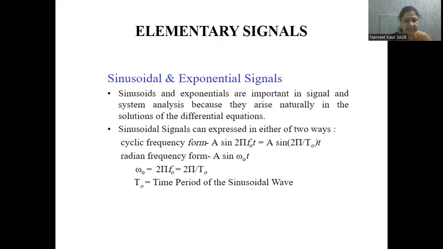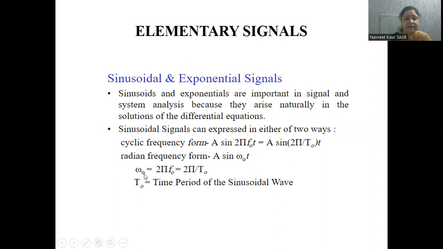Now, the sinusoidal signal, as we already know, is represented by A sin(2 pi f naught t), where A is the maximum amplitude of the sinusoid and f naught is the frequency of the signal in hertz. Now, f naught can also be represented as 1 upon T naught, where T naught is the time period of this sinusoid.